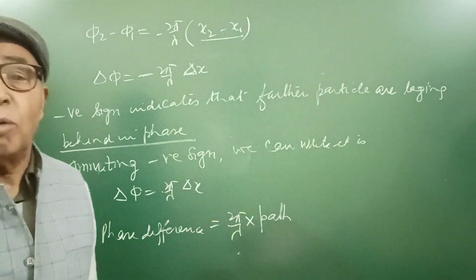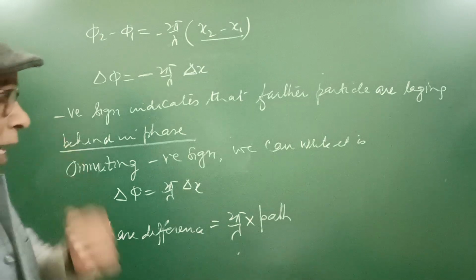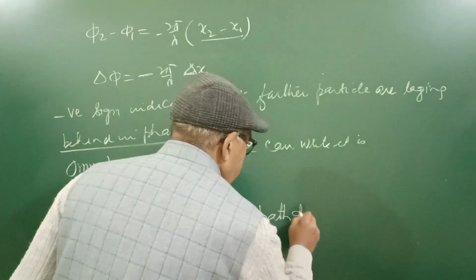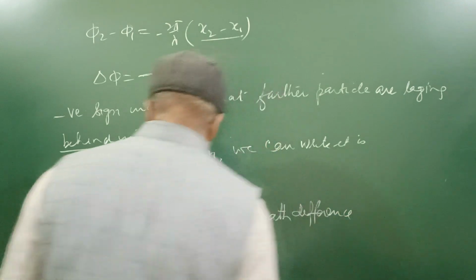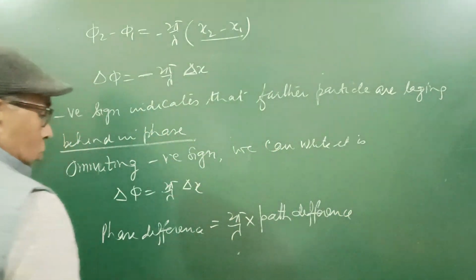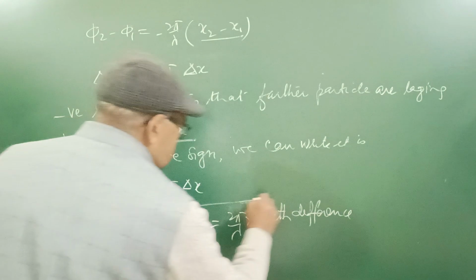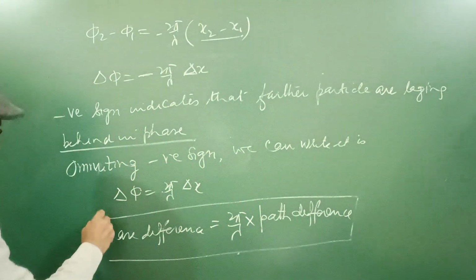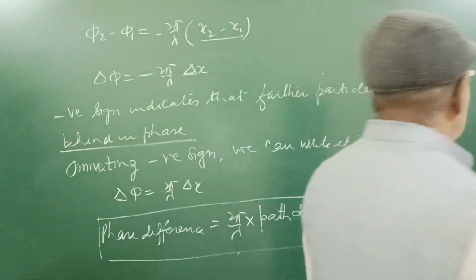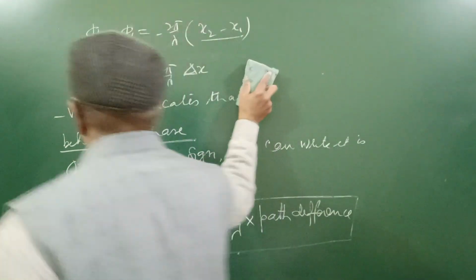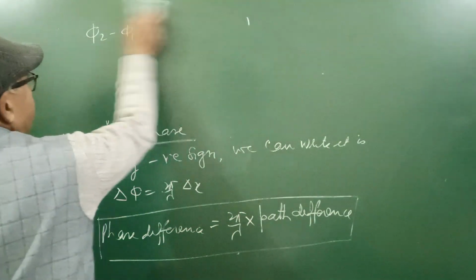The difference of distance from the origin is called the path difference. So learn this very carefully. Here, the path difference can be taken in terms of lambda.